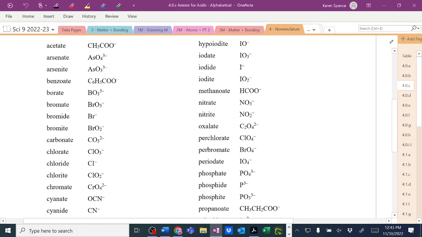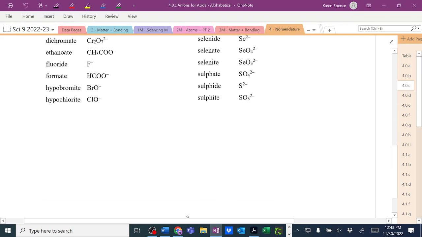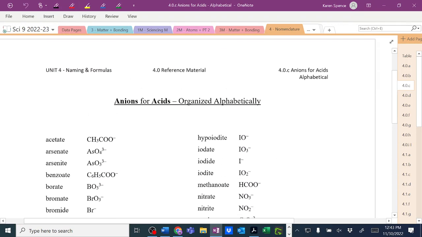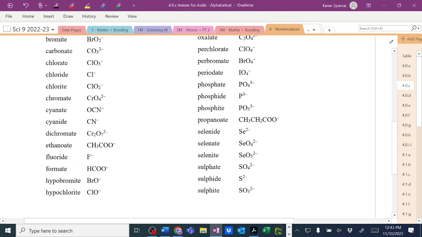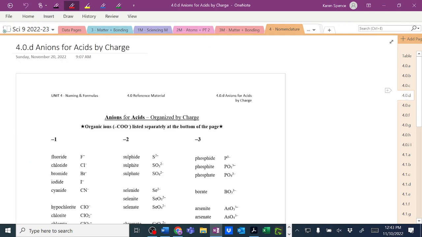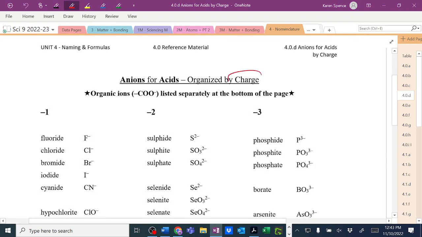So for example, these ones are arranged alphabetically. So this is on page 3. So you can see we have formate is listed here. If you find the alphabetical listing is not too useful, which sometimes it isn't, you can always look at the anions which are organized by charge.